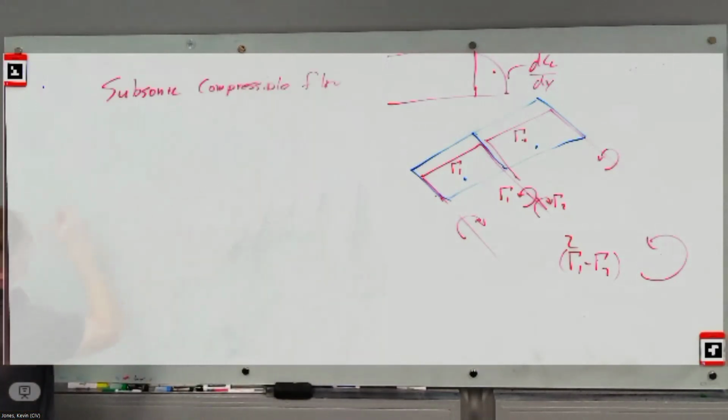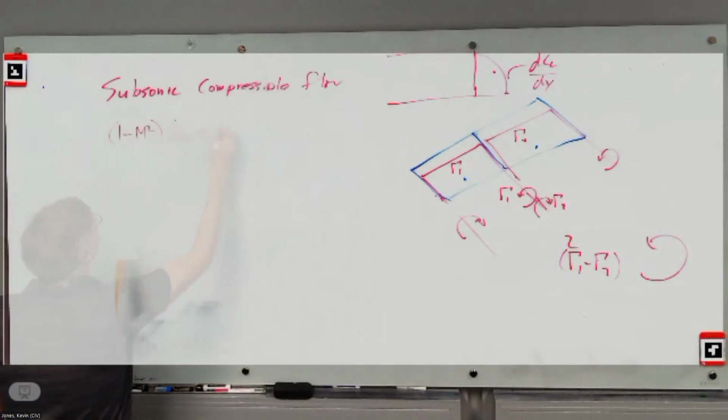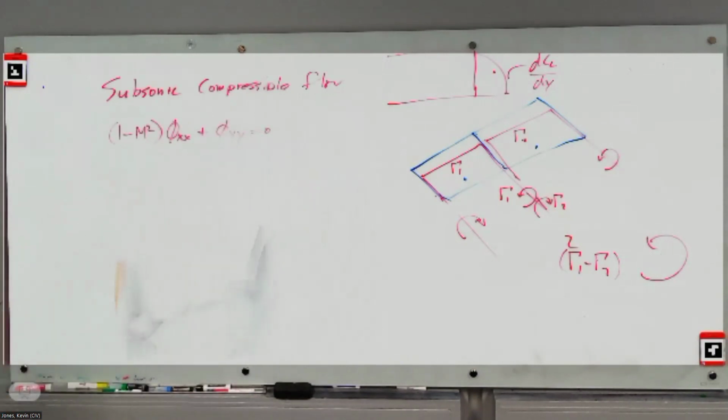We had that equation, it's 1 minus M squared times the second derivative in x, plus the second derivative in y, equals zero. That disturbance potential equation.